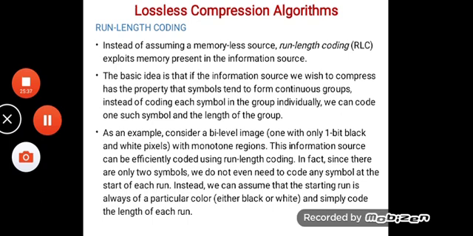Instead of coding each symbol in the group individually, which is what I was talking about, instead of coding 5 ones individually, let us code them as per their length. So we can code one such symbol and the length of the group.